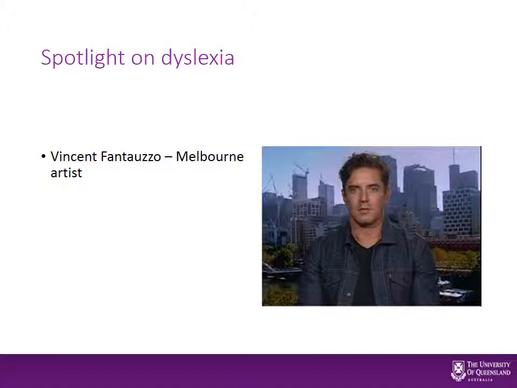I'm now going to do a little diversion into dyslexia, because this is in a recent news Weekend Australian magazine, actually. This is about an artist, Vincent Fantuso, who is a Melbourne artist, and he talks in that article about how he desperately struggled at school.